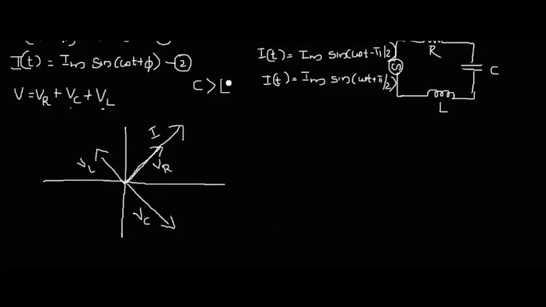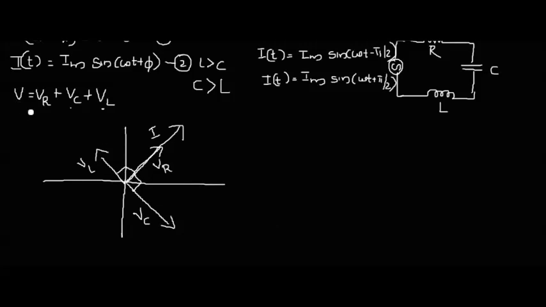In the opposite way you can also take the value of L greater than C. In that condition, this phasor will have more magnitude than VC. Okay, so we drew the phasor of a current, and we drew the phasors of the individual voltages. The angle between the voltage and current for VR is zero, the angle for VC is 90 degrees, and the angle between the voltage and the current of VL is also 90 degrees.